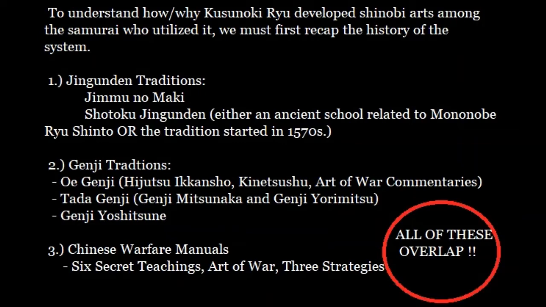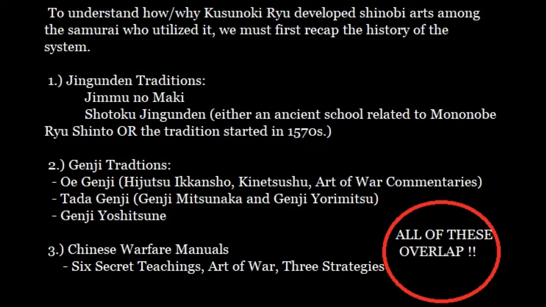And to understand the how and the why of the Kusunoki Ryu Shinobi arts, and the samurai who utilized these arts, we must first recap the history of the system. So first step is the Jingunden traditions, starting with the Jimu no Maki, or traditions from early Japanese time period. And then we also have the Shotoku Jingunden, for example.